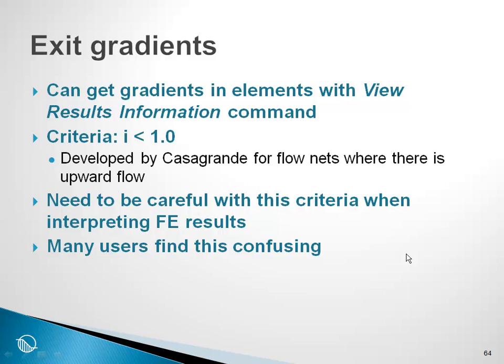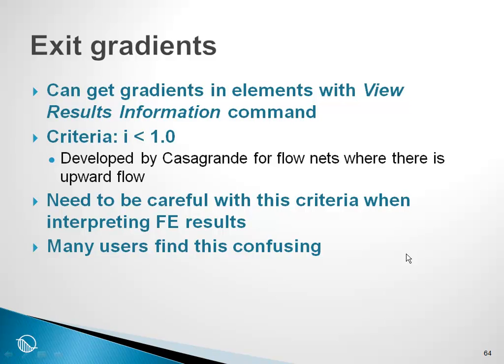Now, as you likely are all aware, there is generally a thinking that when seepage comes to the ground surface, there's a criterion that says that the exit gradient should be less than 1. This is a criterion that was developed by Casagrande for flow nets where there is upward flow.